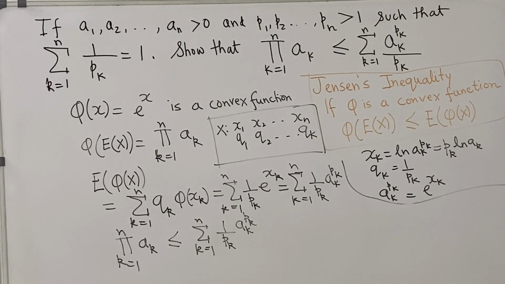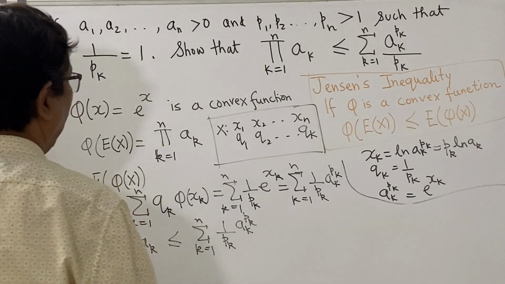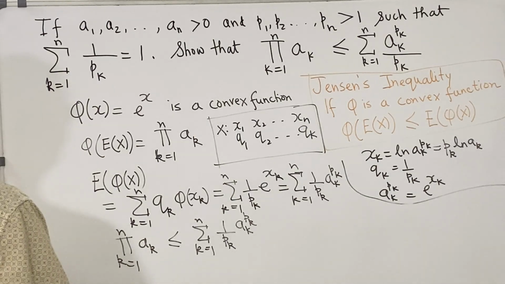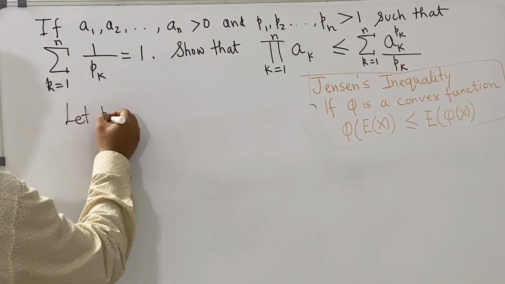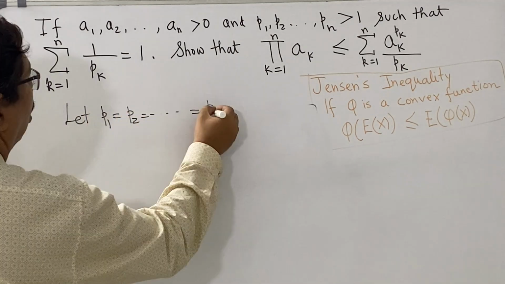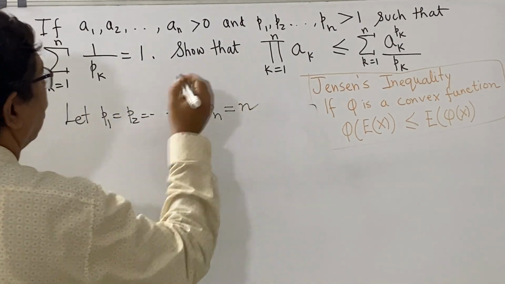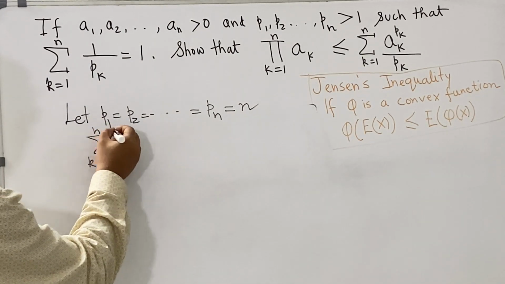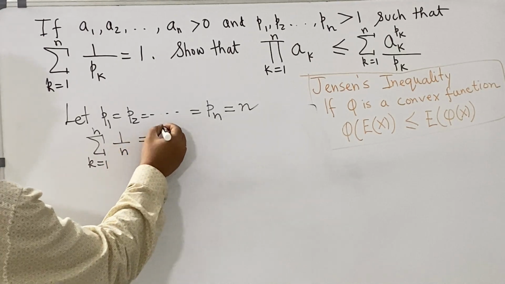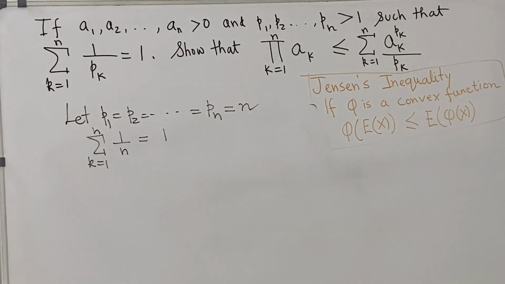Now let's look at a special case where these pk's are all equal to n. So let p1 equal to p2 equal to ... equal to pn equal to n. Then we have the summation k equal to 1 to n of 1 by n equal to 1. And what do we get from this inequality?